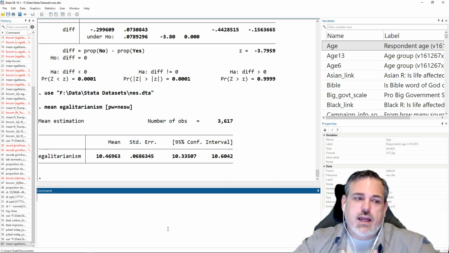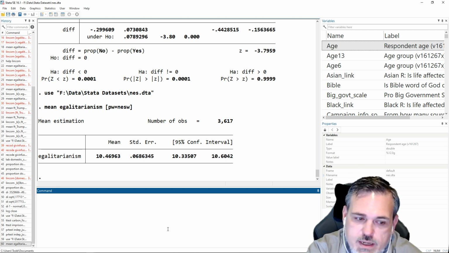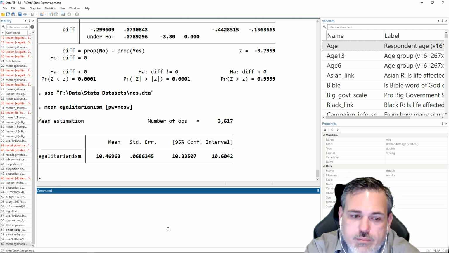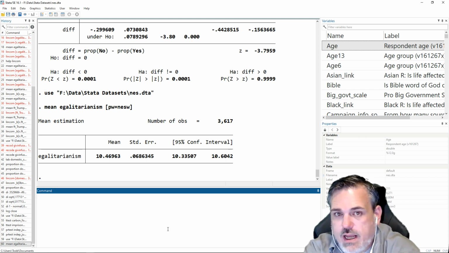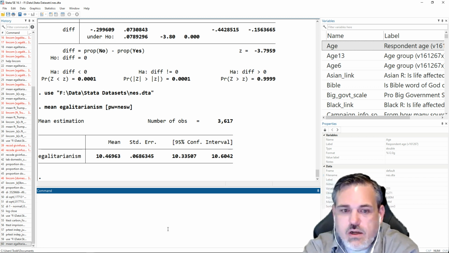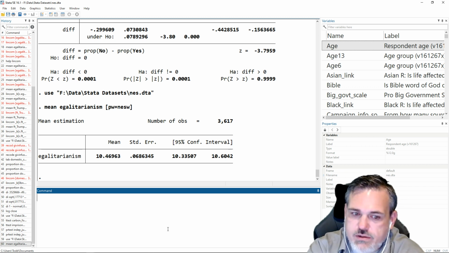So we're going to take a look at the mean of egalitarianism, and it's 10.4, standard error is 0.068, and it gives us the 95% confidence interval. Let's talk about what this 95% confidence interval means.